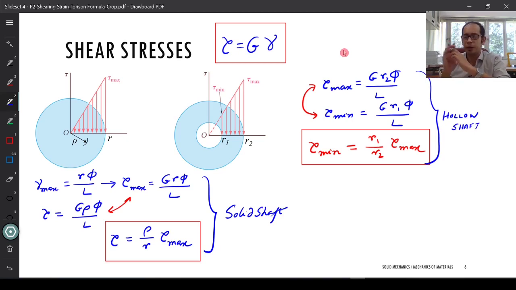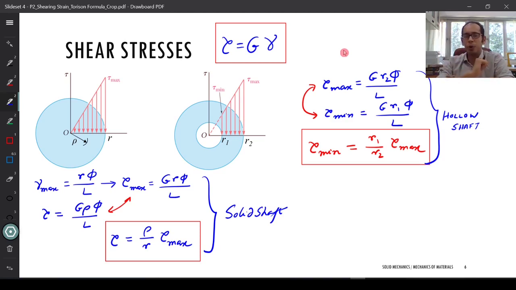So these are the fundamental relationships which we just saw for the shear strains, how shear strains are related to the angle of twist phi, and how the strains are related to the stresses. We know that tau equals G times gamma. So now the stresses are related to the angle of twist phi, the entire length, and the radius where you're looking, right?